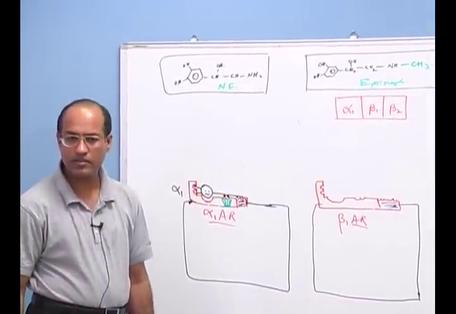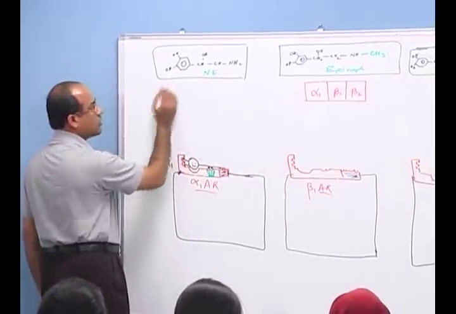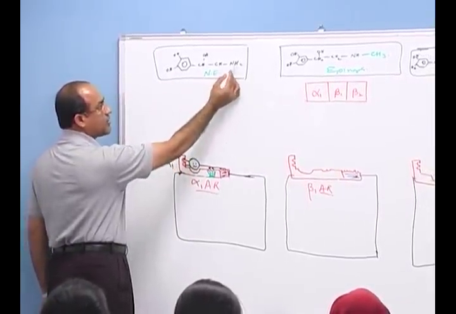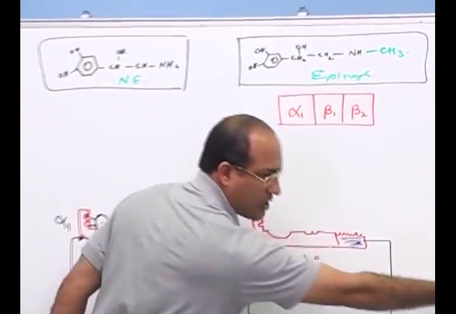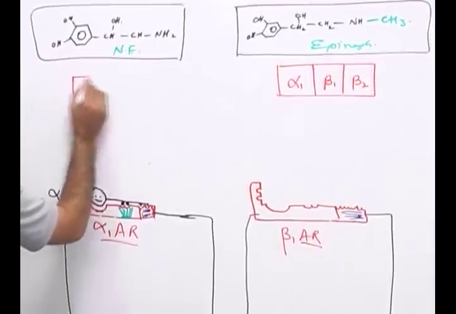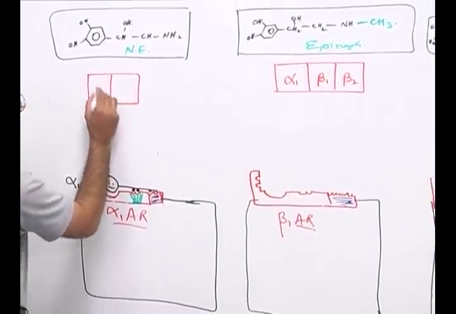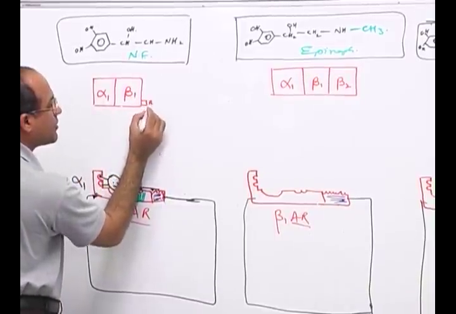Is that right? Now, when you compare the action of norepinephrine with it, it has a relatively lighter amino group. So can it really activate beta 2 receptors? No. So it will lose the action on beta 2, but it will retain the action on alpha 1 and beta 1, and have very little or insignificant beta 2.